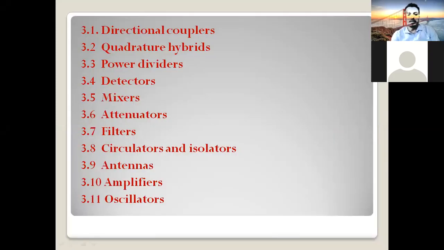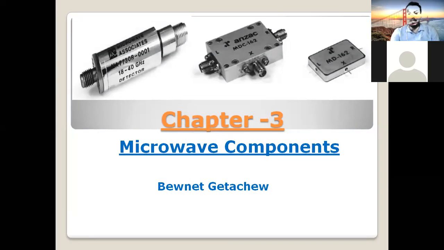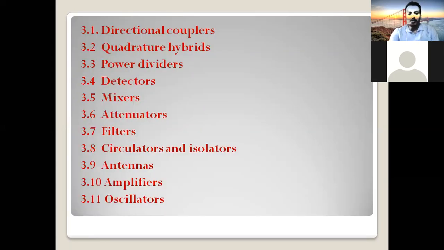So in this chapter, we are going to discuss different types of active and passive components used in microwave communication systems. We'll discuss them one by one. Start from directional coupler.